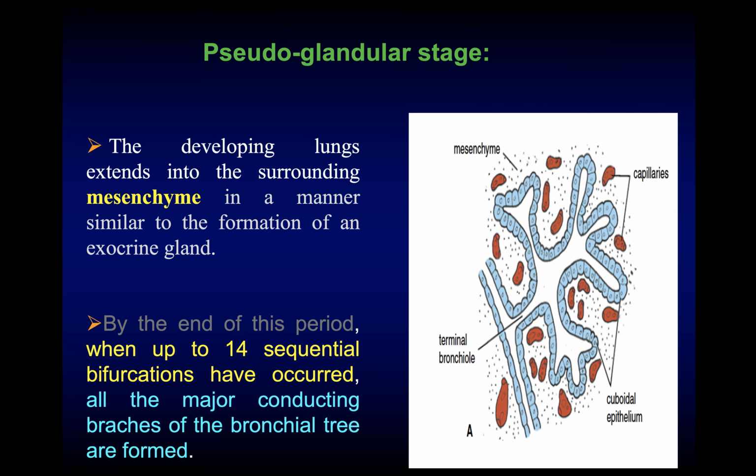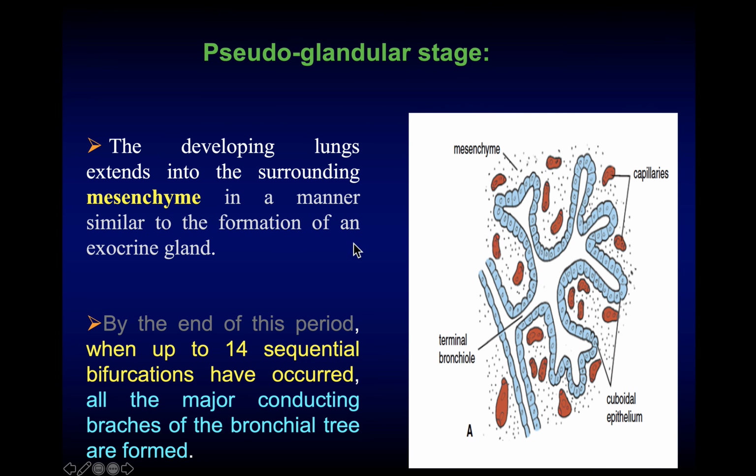The second stage is the pseudo-glandular stage, and this extends when the developing lung, which is the bronchial bud, extends into the surrounding mesenchymal tissue.